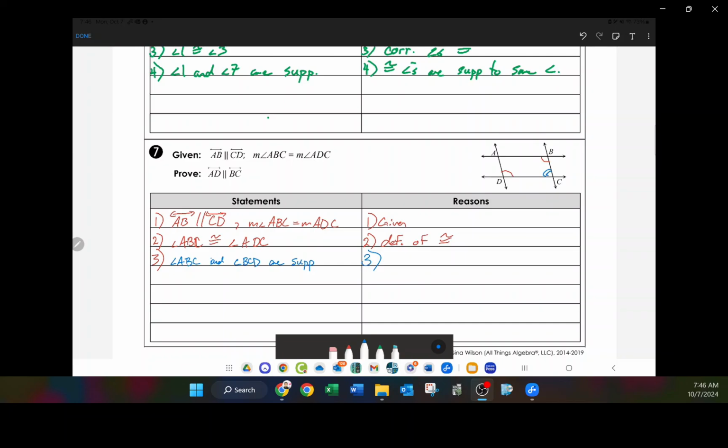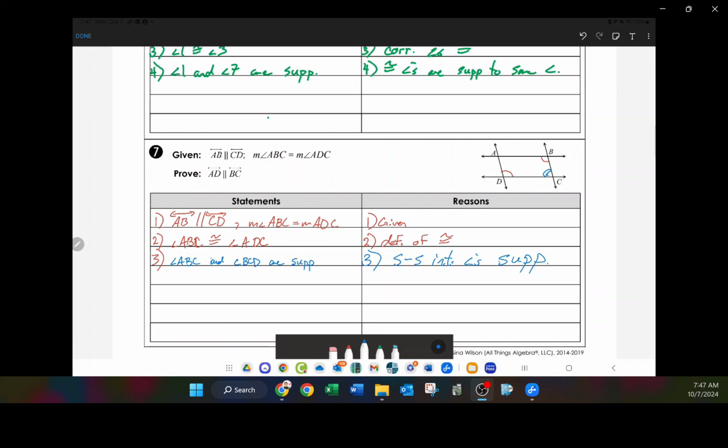What kind of angles are there? Same side interior, converse. No, not converse. Supplementary. Converse, we're trying to prove lines parallel.